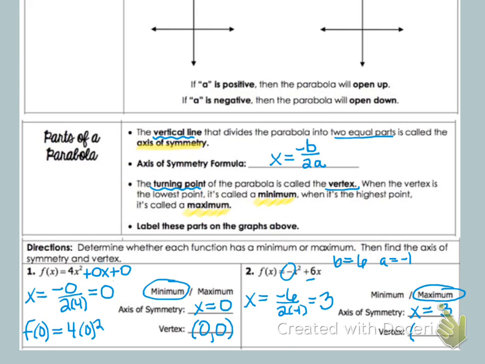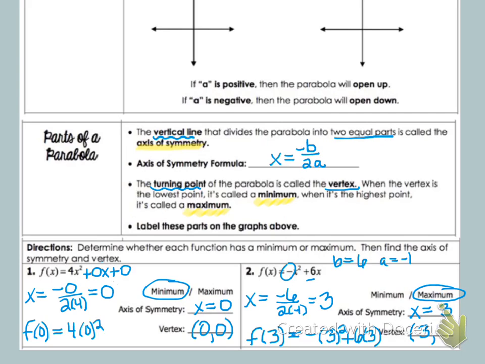That means the x-coordinate of the vertex is 3, and to find the y, I'm just going to plug it into the function and see what the outcome is. Now, you've got to watch out for this because it's tricky. The negative is in front of the x squared, but it doesn't go with the x. So what I'm really doing is squaring the 3, then taking the opposite of that, and then adding 6 times 3.